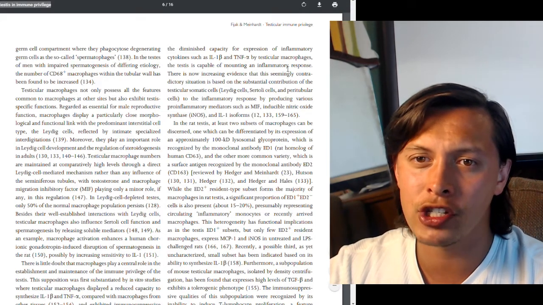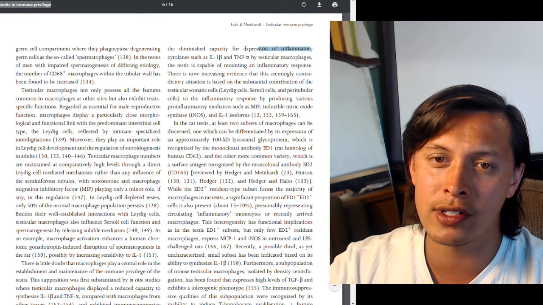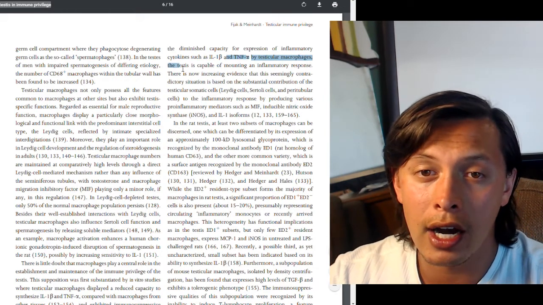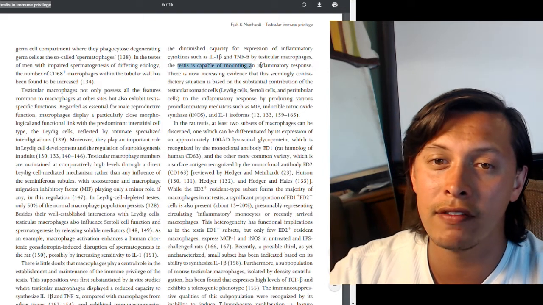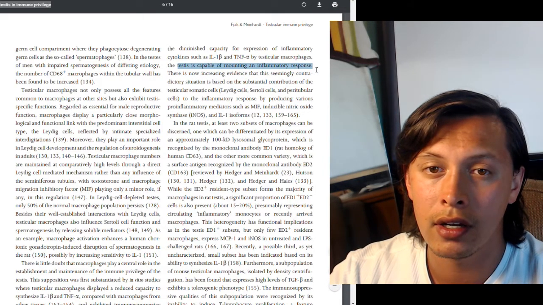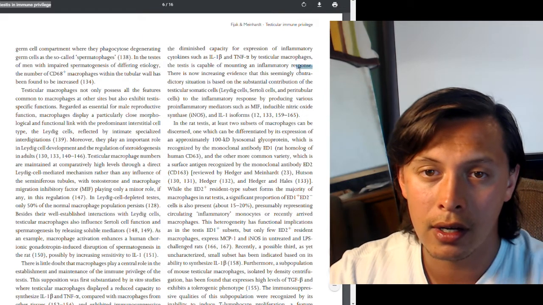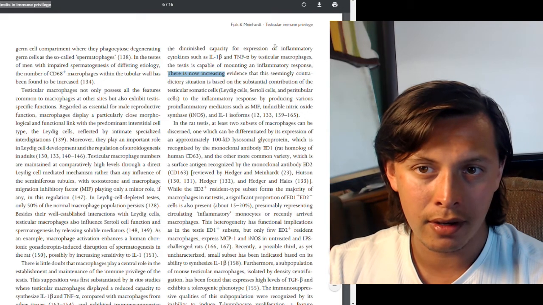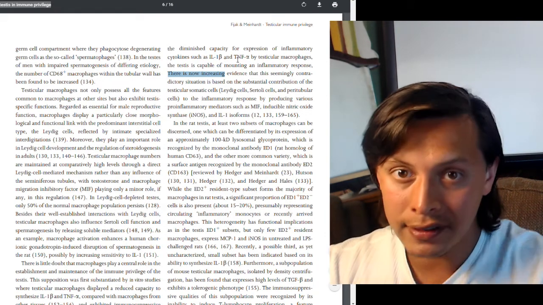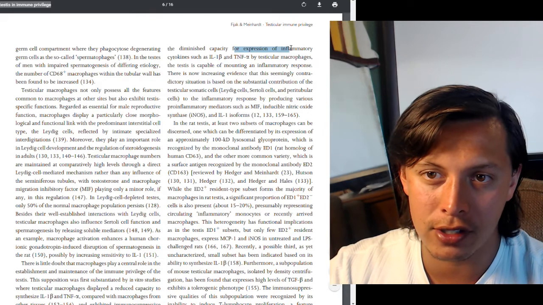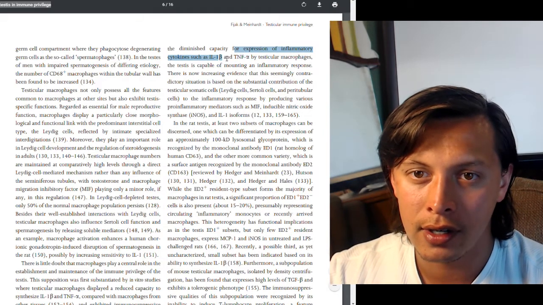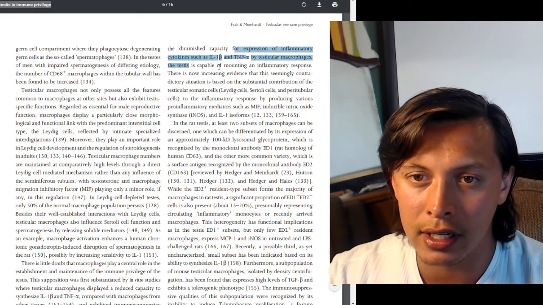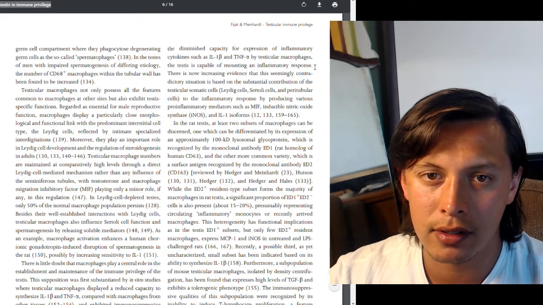Anyways, the diminished capacity for expression of inflammatory cytokines such as interleukin 1 beta and TNF alpha by testicular macrophages, the testes is capable of mounting an inflammatory response.